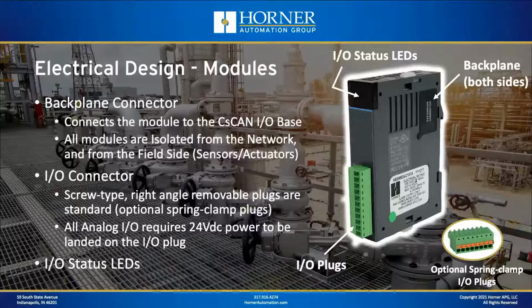Now, the only problem with that is that potentially there could be some noisy signals riding on that 24 volts. And if you used a separate and small but isolated 24 volt power supply for all your analog circuits, then you potentially could get a little bit more stable signal with a little bit higher accuracy.